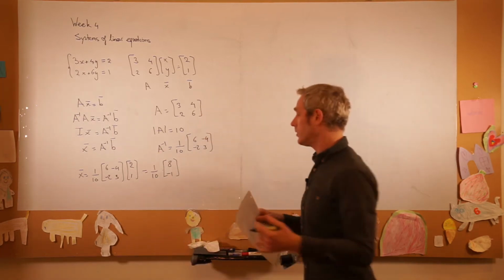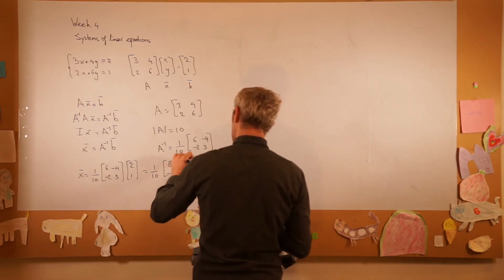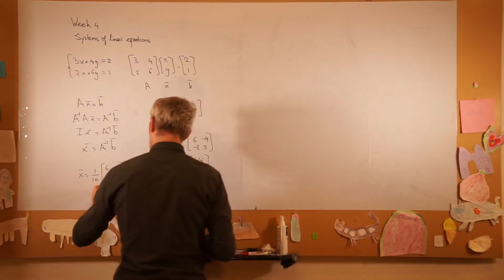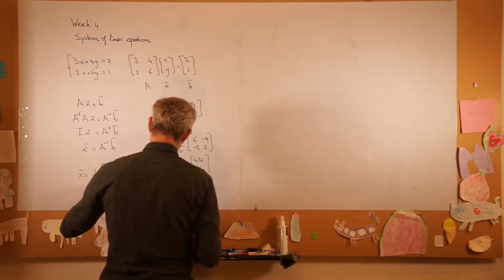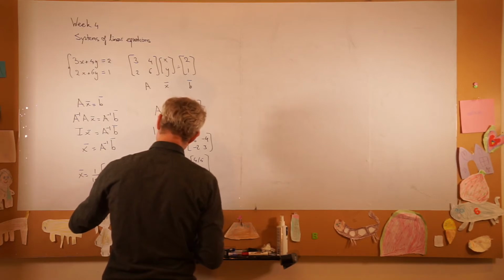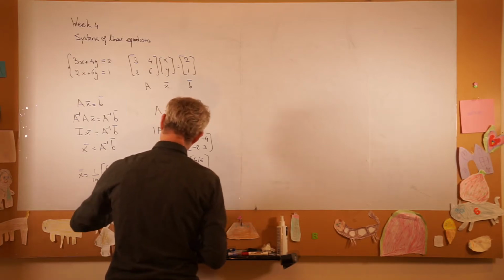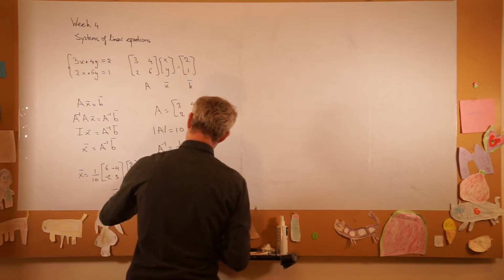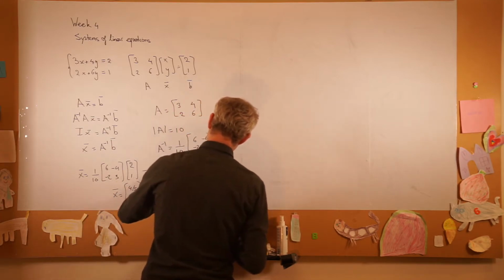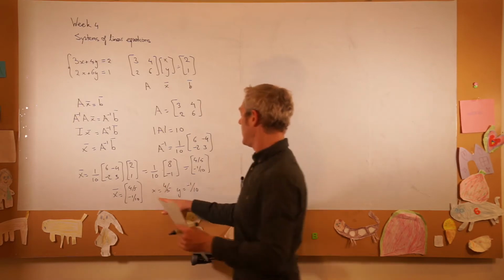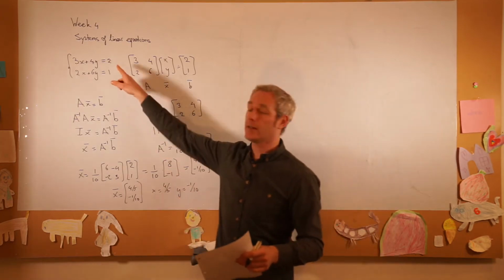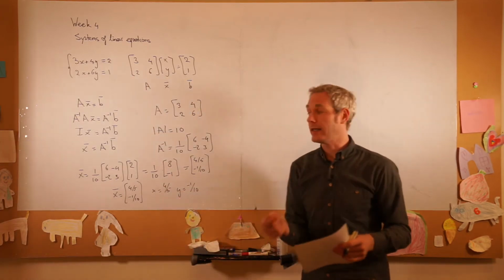So our solution is equal to 8 over 10, which is 4 over 5, and minus 1 over 10. So our vector x is equal to [4/5; -1/10], or put differently, x is equal to 4 over 5 and y is equal to minus 1 over 10. And this is the solution of this set of equations, and there is only a single solution.